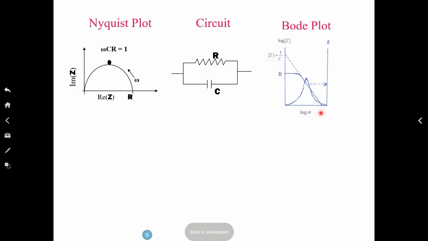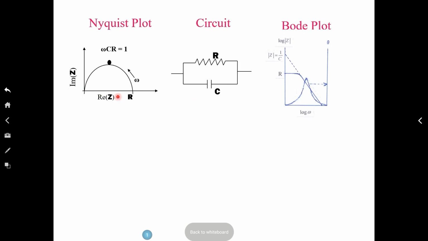Because in either case, you're fitting a circle, or you're fitting a linear, constant part here. But if you do both at once, the physics is the same.